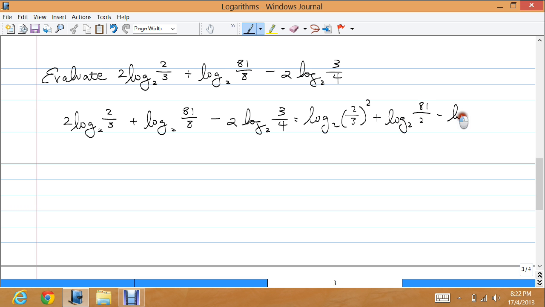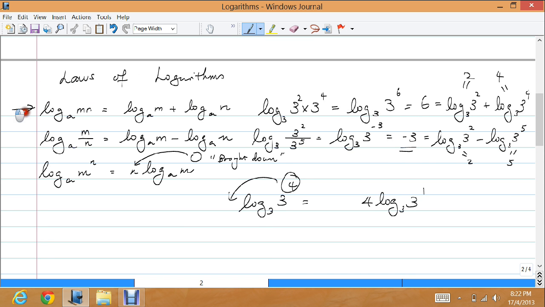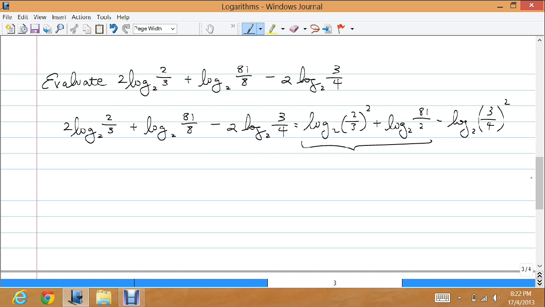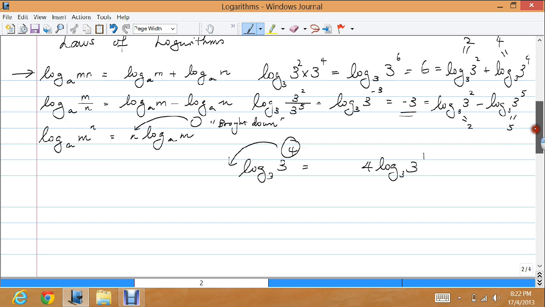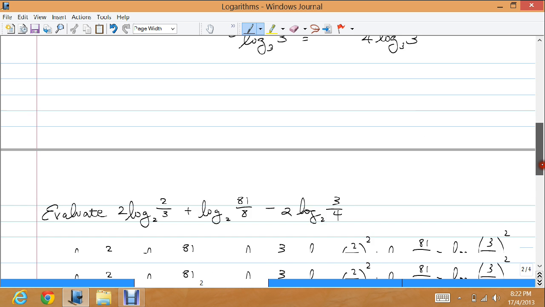The third term, again, we can bring up the power 2. So we can first think of these two as a sum, right? And from the first law, we can rewrite it as log of a product. After we do that, we will try to take the difference. In other words, we apply the second law, the law of difference.